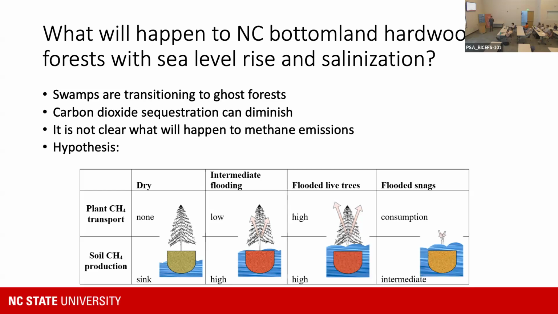But maybe there's a point where the inundation levels become so high that the trees die, you have snags, and that maybe lowers the methane emissions. Okay, so this is just one of our hypotheses. We haven't really tested this, but we're trying to better understand this. And one way is by studying these tree-level methane fluxes, right? So are trees actually contributing a lot to how much methane is released to the atmosphere?